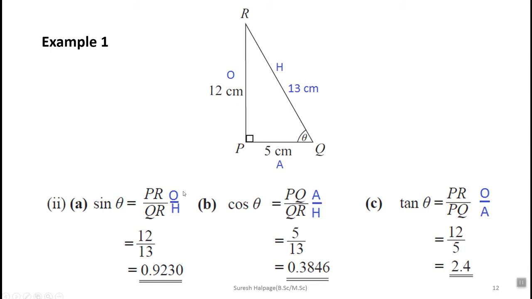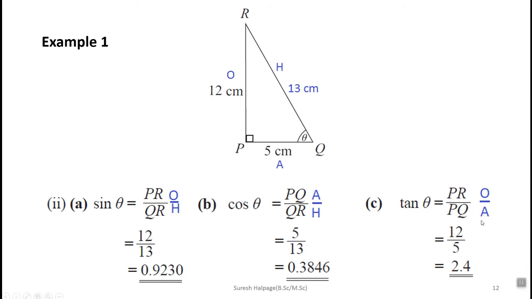So sin theta, opposite over hypotenuse. The opposite side is 12 centimeter. The hypotenuse is 13 centimeter. 12 over 13. Cos theta, adjacent over hypotenuse. Adjacent side 5 centimeter. Hypotenuse is 13.